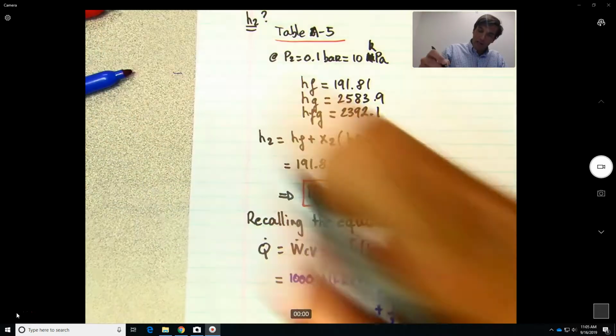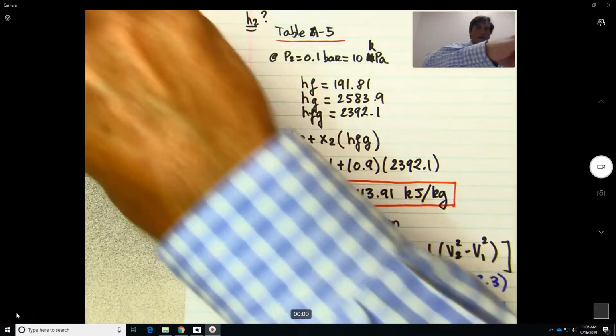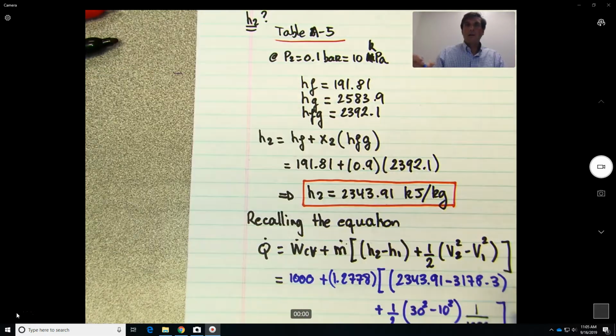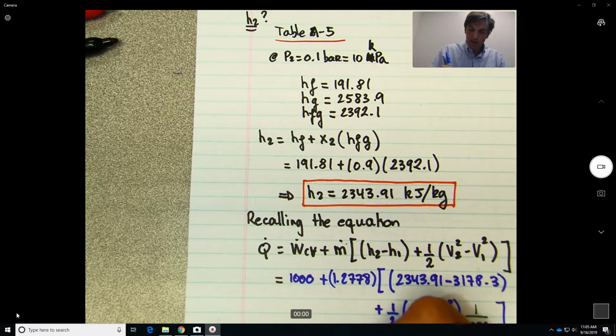So if we do this calculation, we get that this is equal to 1000 plus 1.2778 times minus 834.39 plus 0.4.